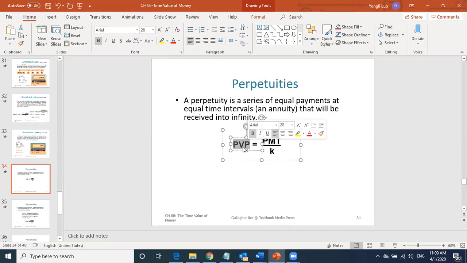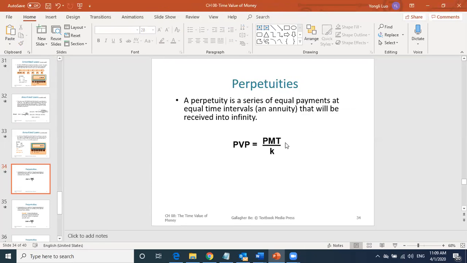A preferred stock pays a fixed amount of dividend, so the payment is fixed and paid forever. You use the payment, or the dividend you receive from holding the preferred stock, divided by the required rate of return, and that will be the price of your preferred stock.